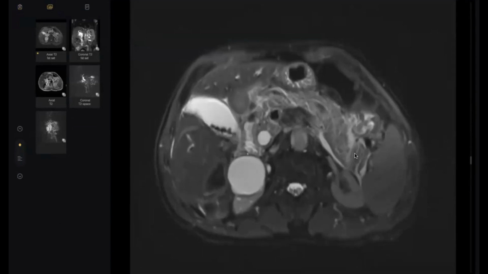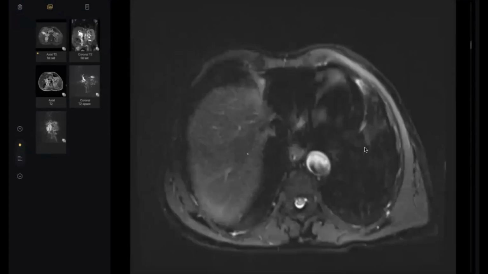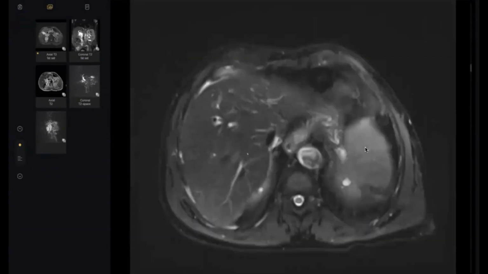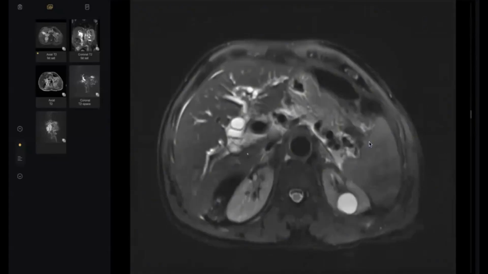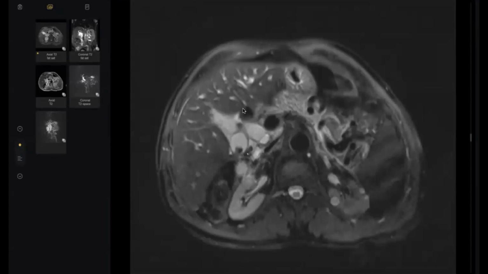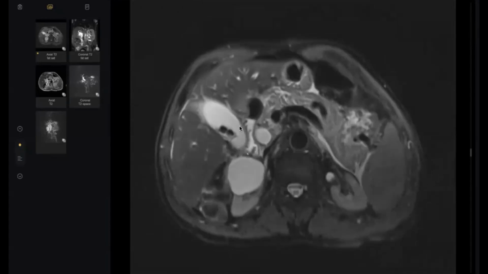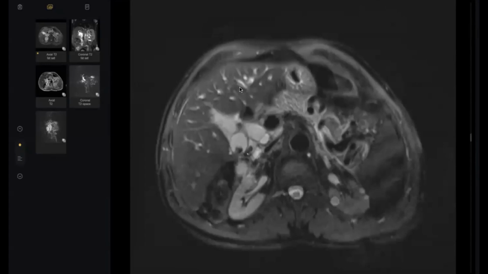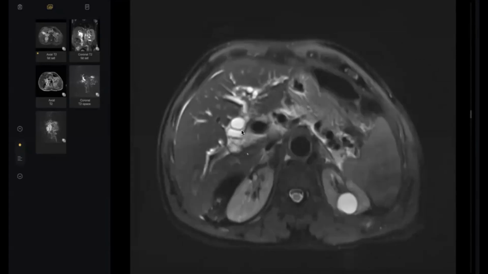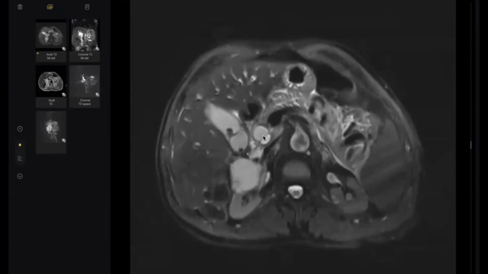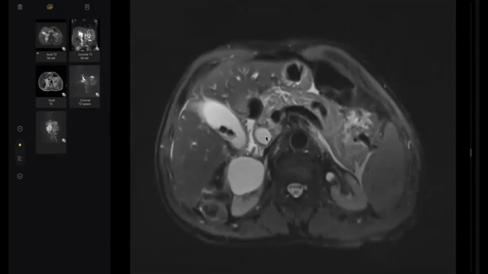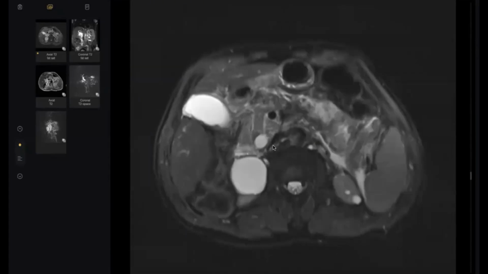Okay. So I've been presented with the T2 weighted images of the upper abdomen of a patient who is 75 years old and presented with upper abdominal pain. First of all, I'm going through the images. So here I can see that there is dilatation of the intrahepatic biliary channels with dilatation of the CBD, and I'm trying to look at its distal extent.